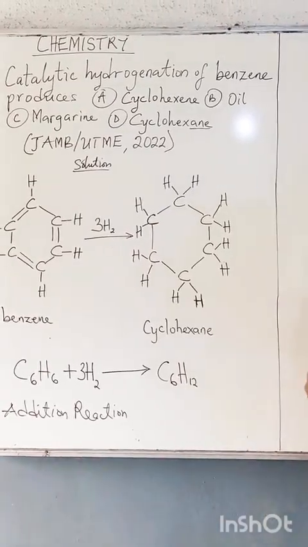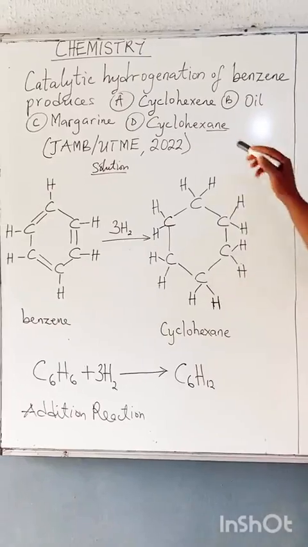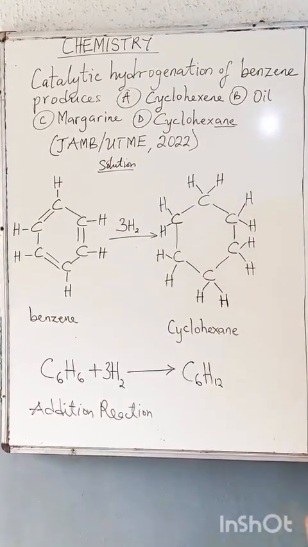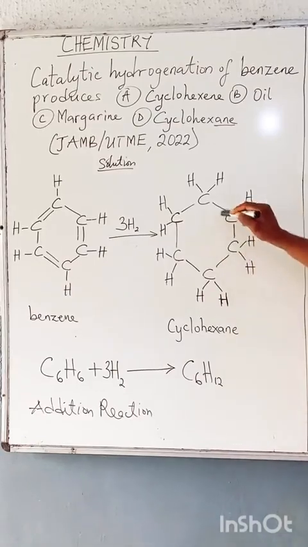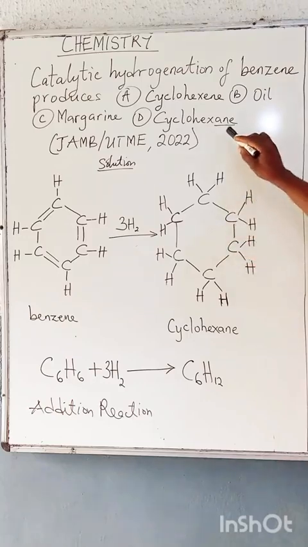And when it's a saturated compound, the name ends with ANE. Do you understand? In this compound, the product, do you see any carbon-carbon double bond? No. Therefore, the name must end in an ANE ending.